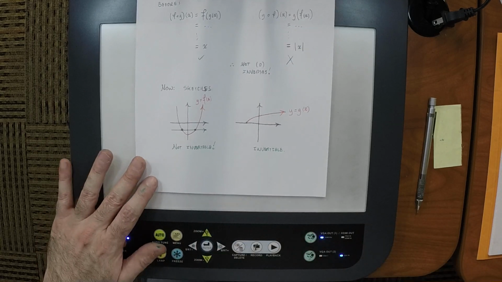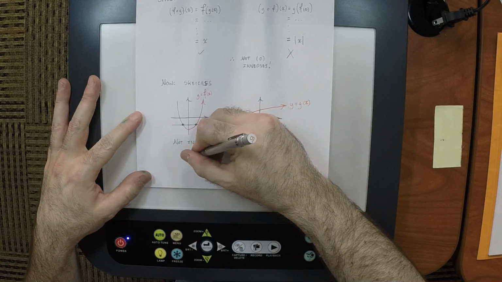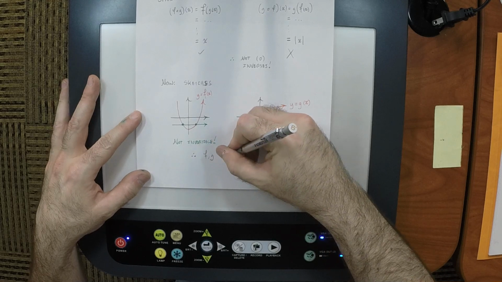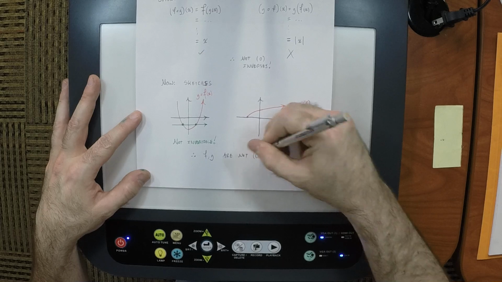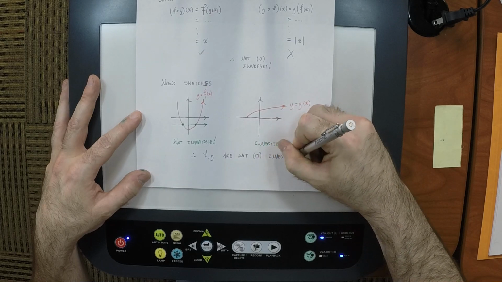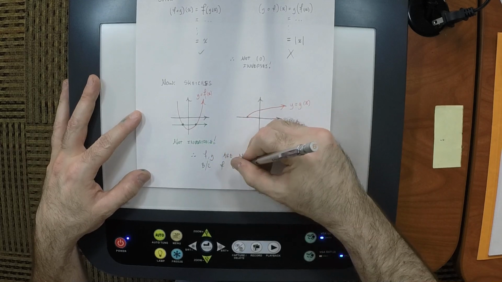Okay. So you could say, therefore, f and g are not composition inverses because f doesn't have an inverse.